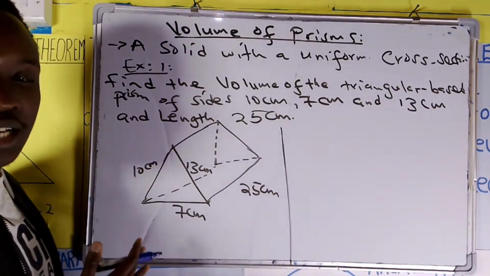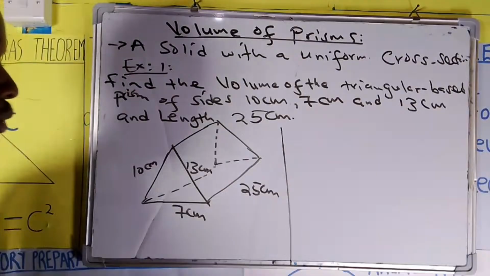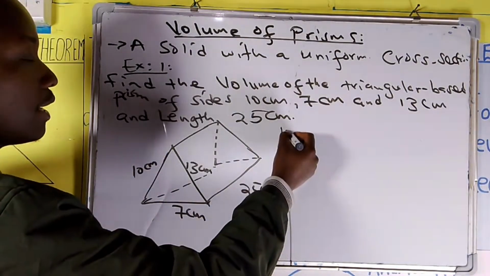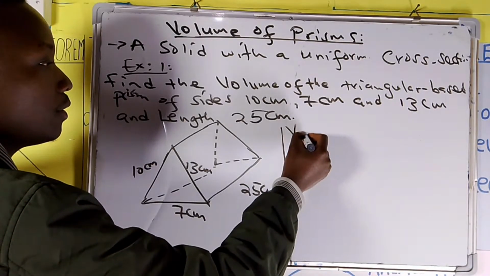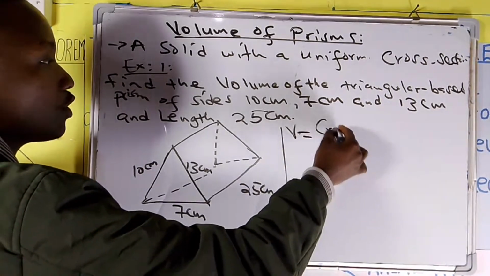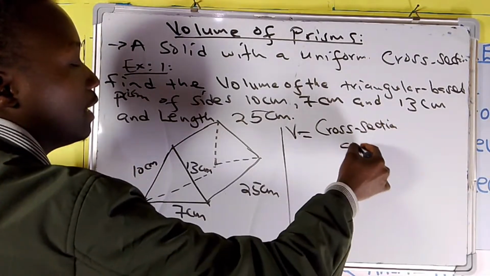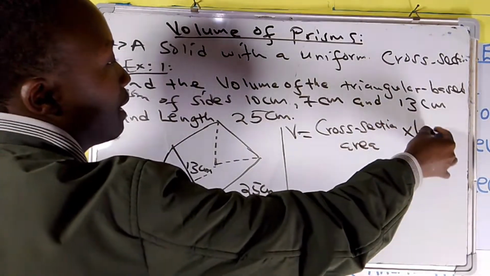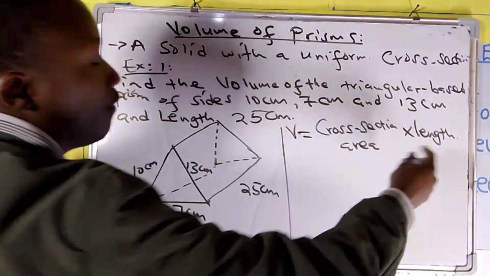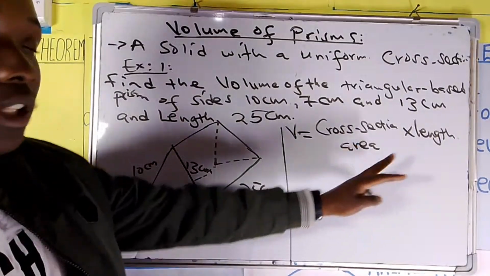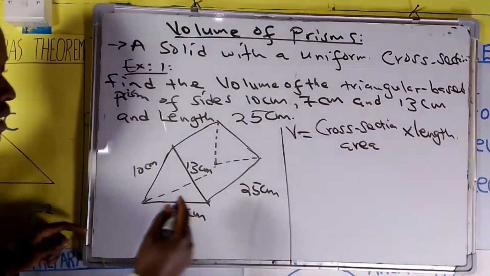If we have such a prism and we have been told to determine the volume, for us to find the volume, the formula is the cross-section area multiplied by the length. What is the cross-section?